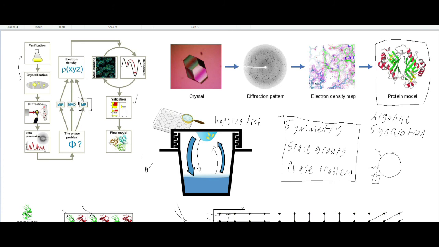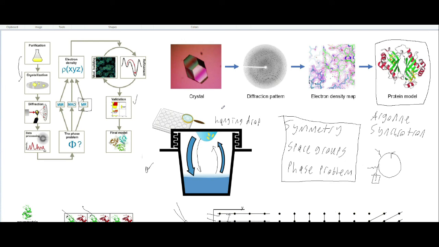But it might give you this false idea in your head that to see what this looks like, you just put it on a microscope slide and zoom in really far, and then you'll start to see these things. But that's not how it's done. X-ray crystallography is sort of the old school, the OG way of doing it.